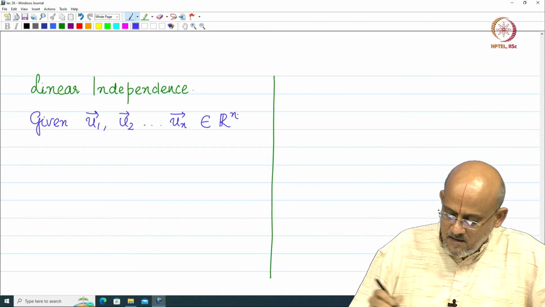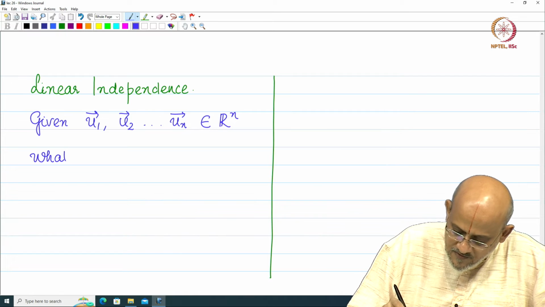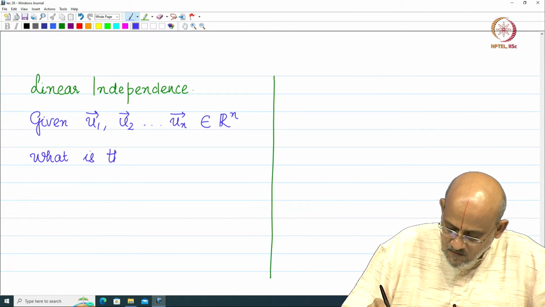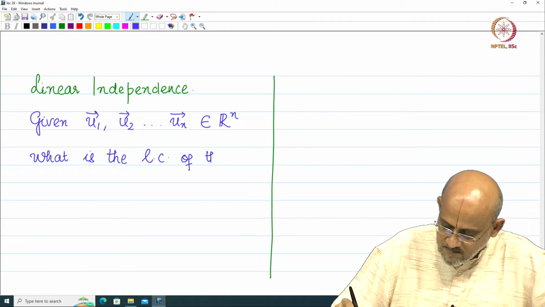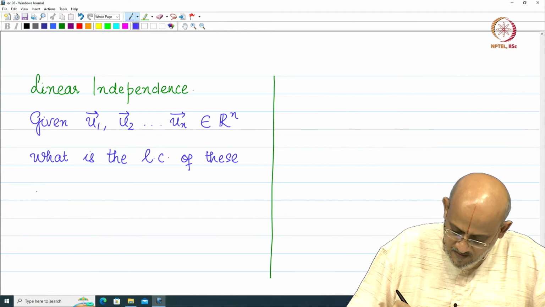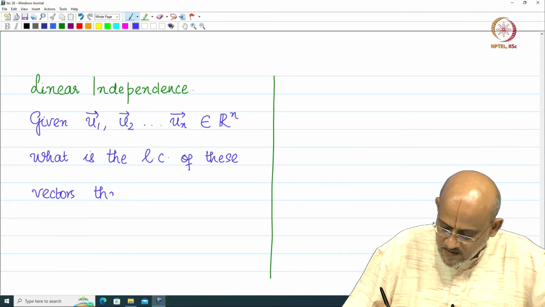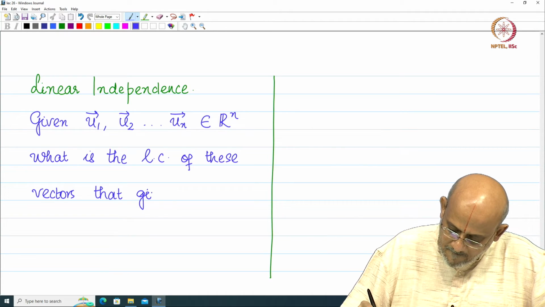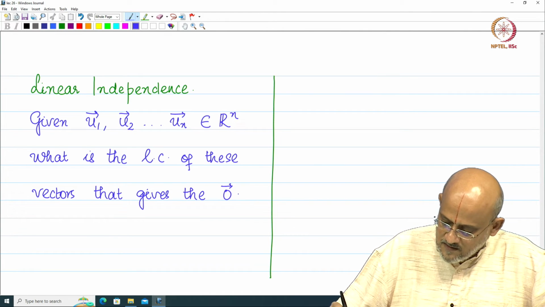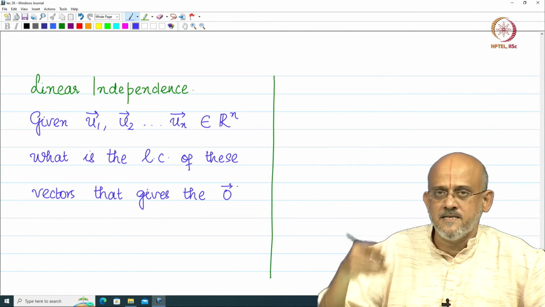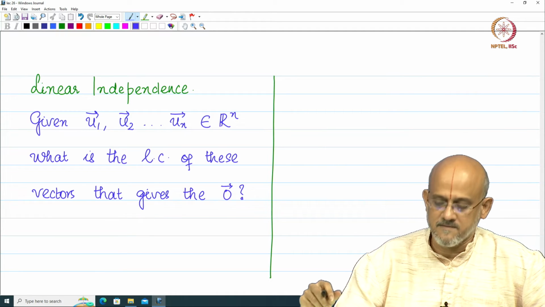we ask this question: what is the linear combination of these vectors that gives the 0 vector? Zero vector again in Rn, that means you will have an n-component 0 vector. So, this is the question that we want to answer.